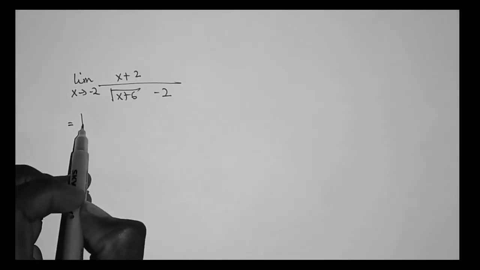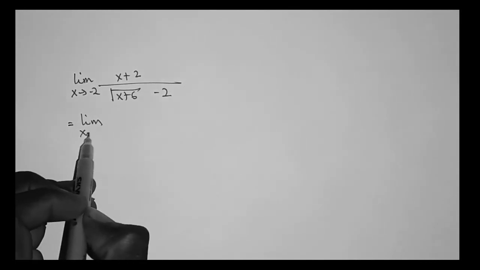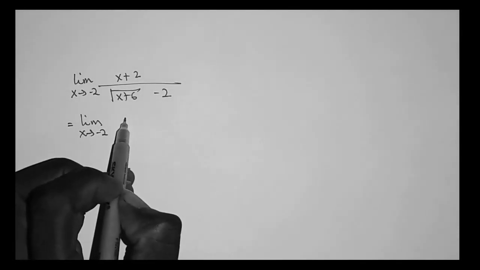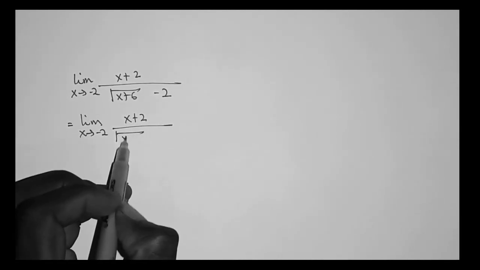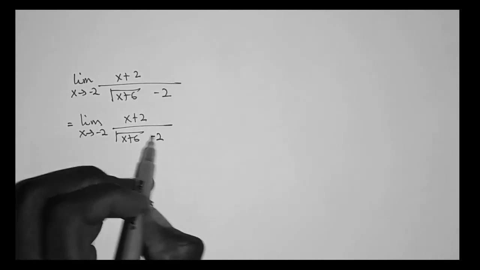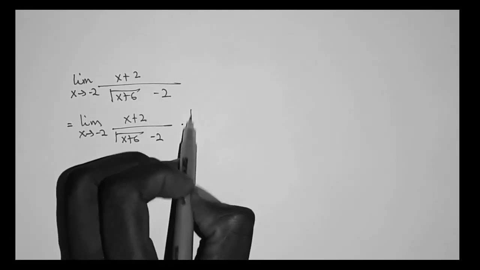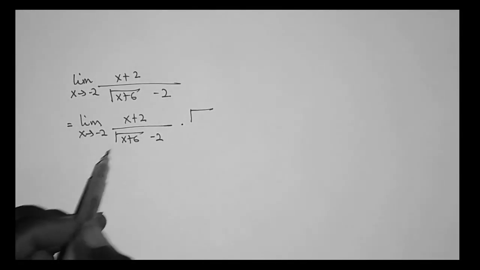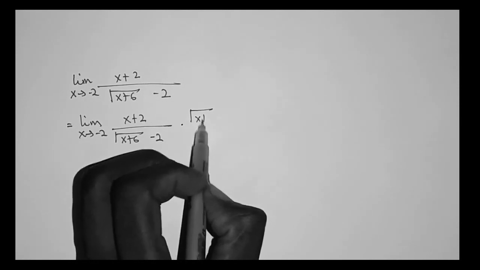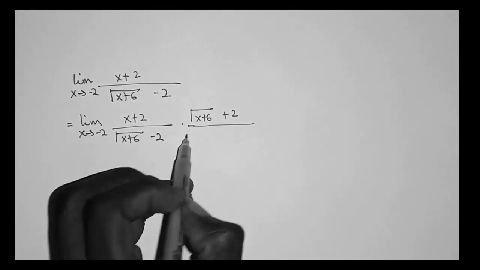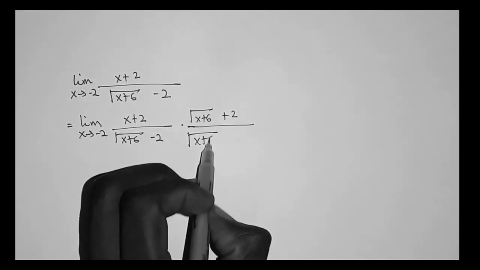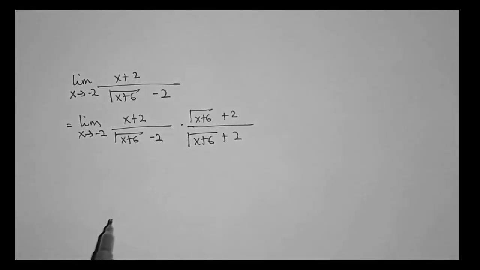So this is equal to the limit as x approaches minus 2 of (x plus 2) divided by (square root of x plus 6 minus 2), and we multiply both the numerator and the denominator by the conjugate. So it becomes square root of x plus 6, instead of minus 2 this becomes plus 2, divided by square root of x plus 6 plus 2.